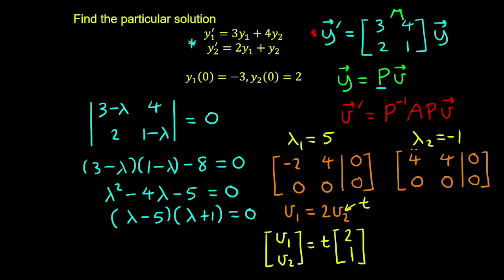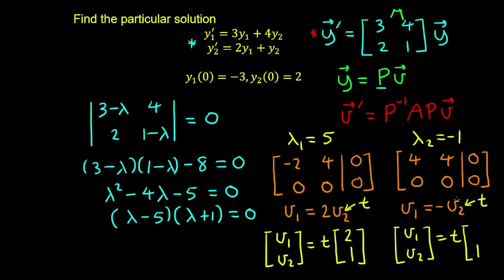So therefore we have v1 is minus 4 on 4 v2, or v1 is equal to minus v2. And again parameterizing v2, we can write the general solution as t by the basis eigenvector for the eigenspace of lambda 2.